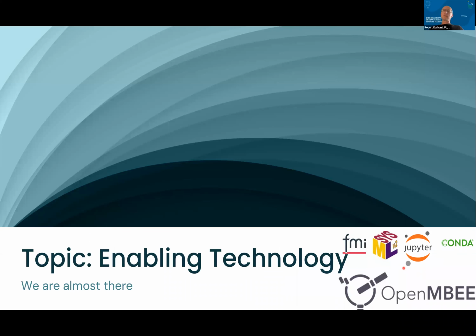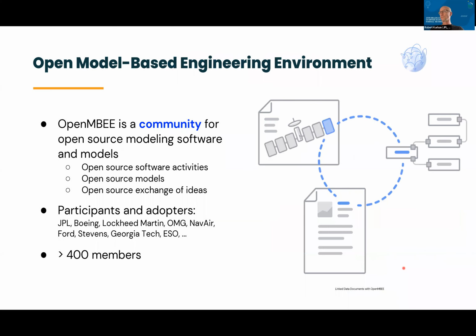So what are the technologies that we have been using to enable parts of this Dragon architecture? So one part, and that's a fundamental part, is the Open MBE, the Open Model-Based Engineering Environment.